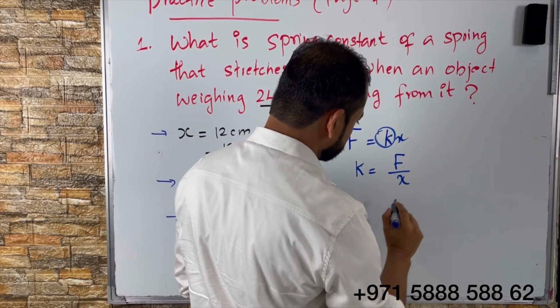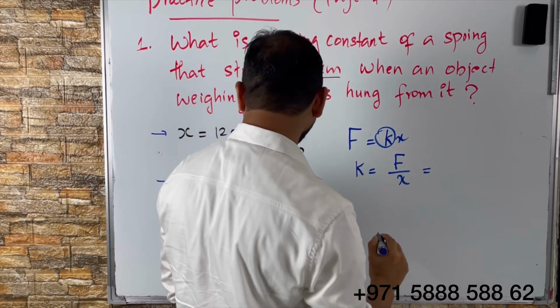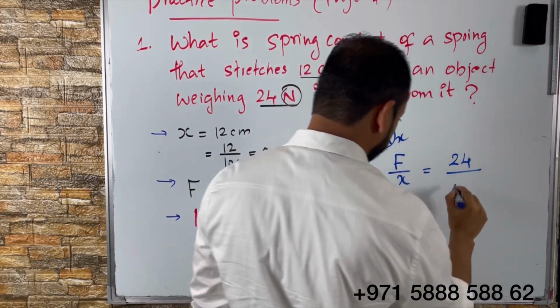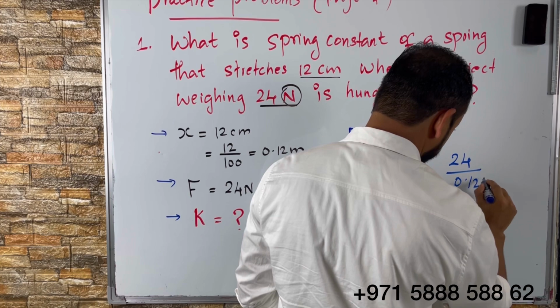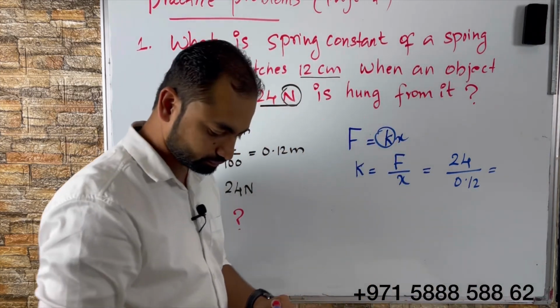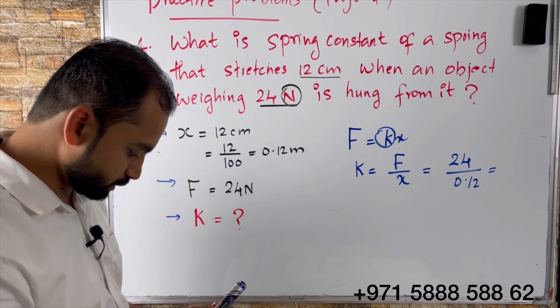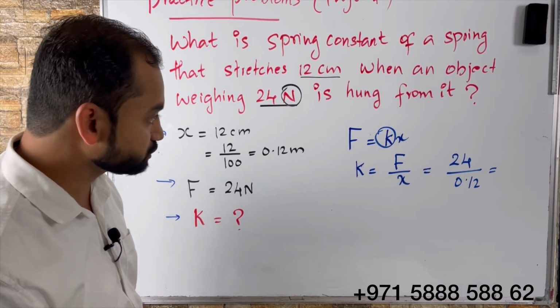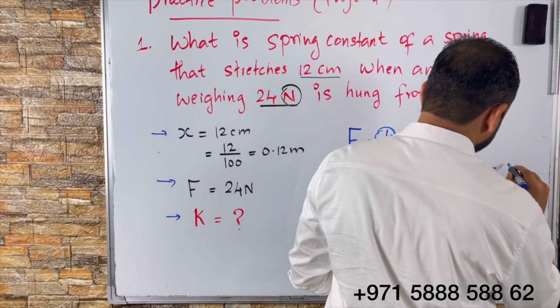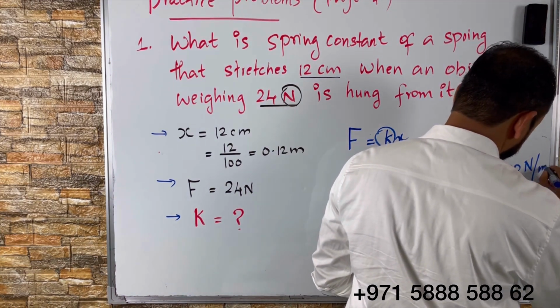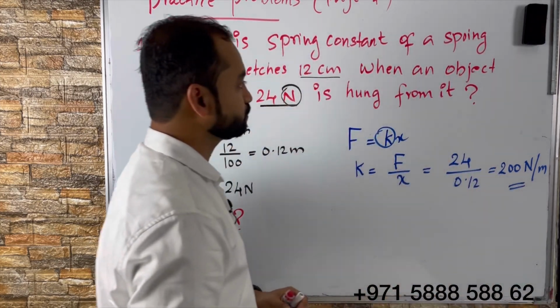So K is equal to F by X. The value of force is 24 Newton. So 24 divided by 0.12 equals how much? 24 divided by 0.12 equals 200. So 200 Newton per meter is the value of the spring constant.